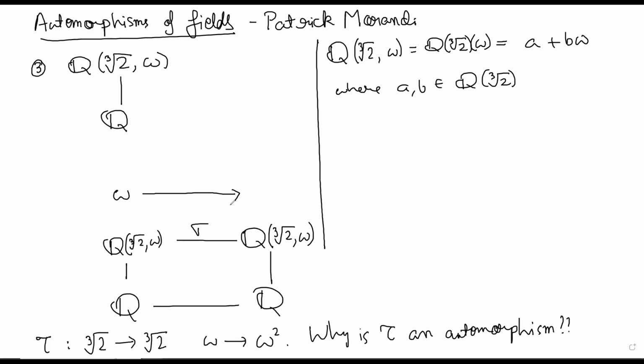Where is it allowed to go? Let F be any field automorphism. Let's say that it goes to some x. Then x square plus x plus 1 is equal to 0. Is that fine? So what can x be? Omega or omega square.